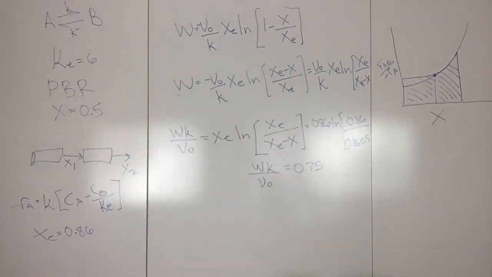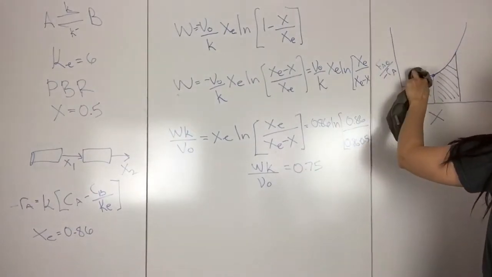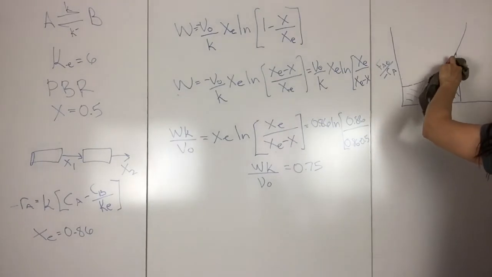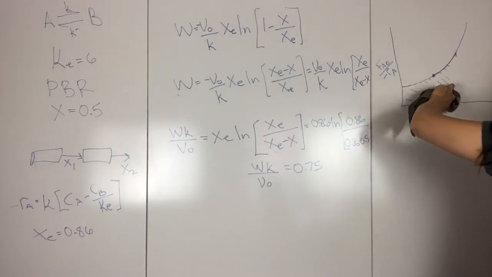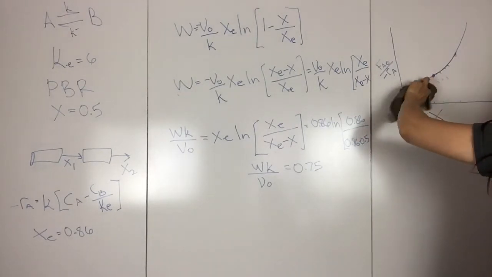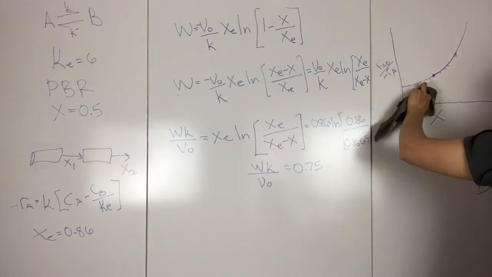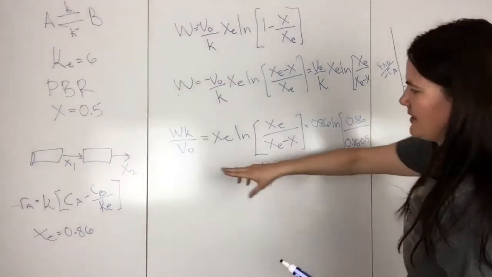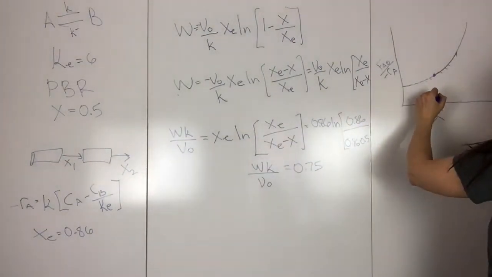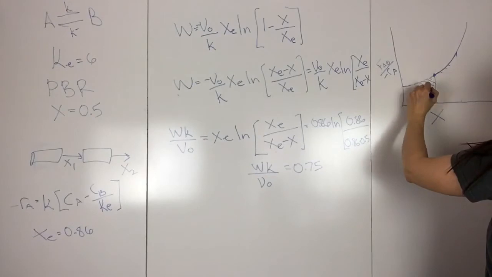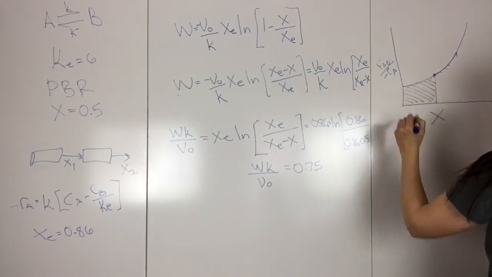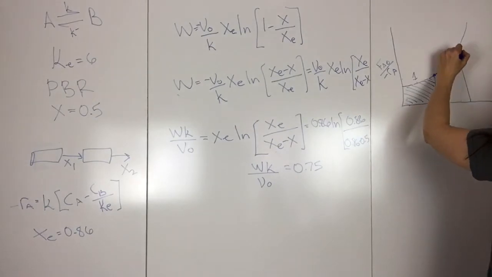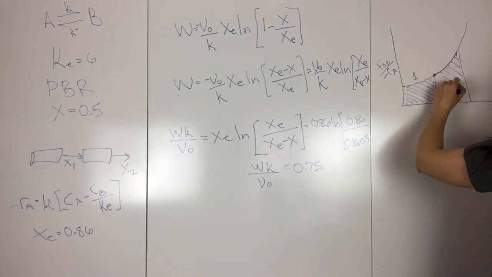So then just looking at this, I'll erase the CSTR. Let's assume that the area under the curve right here, let's say this is our first PBR, so number 1, and then this is our second one, number 2.